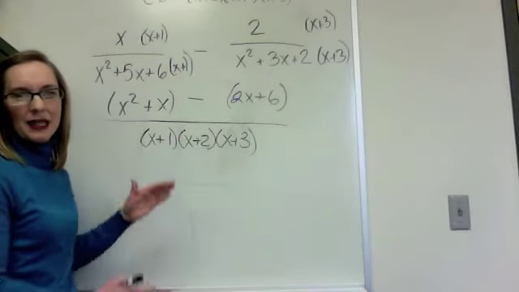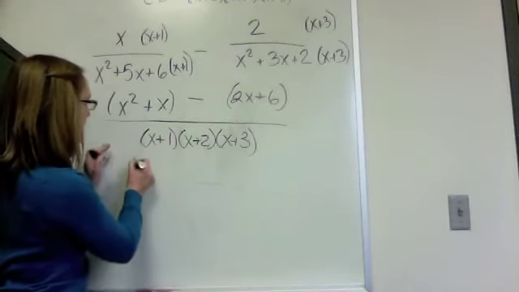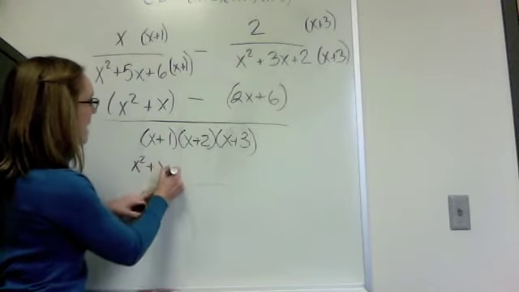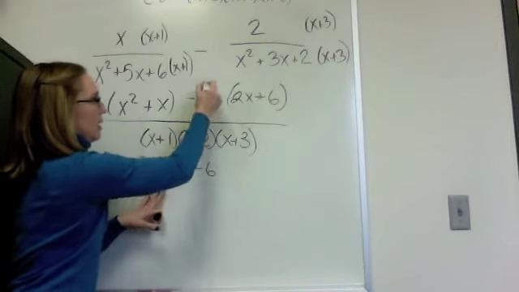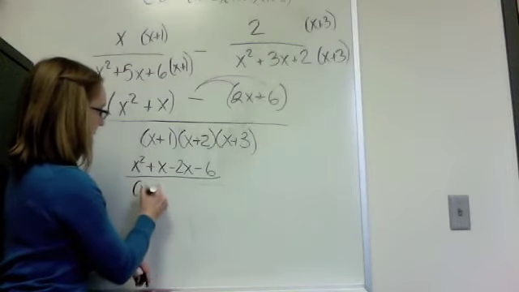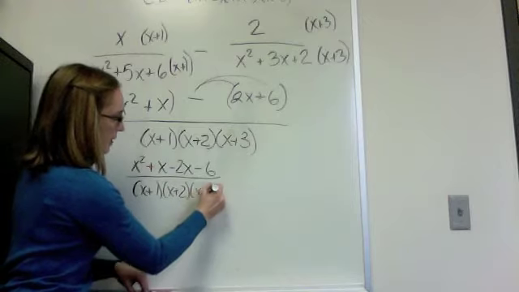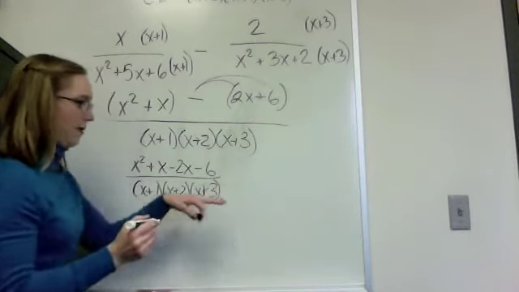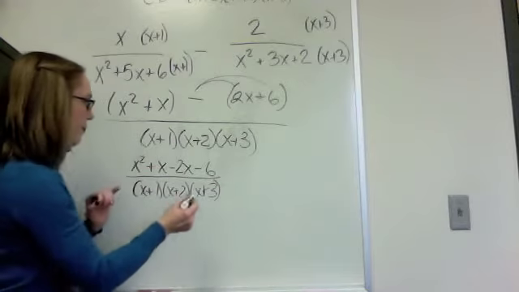I skipped a step in there because of space on the board. So if I distribute the minus sign, I've got x squared plus x minus 2x minus 6, over x plus 1, x plus 2, x plus 3. I'm leaving that just in case I factor at the end and some things cancel.